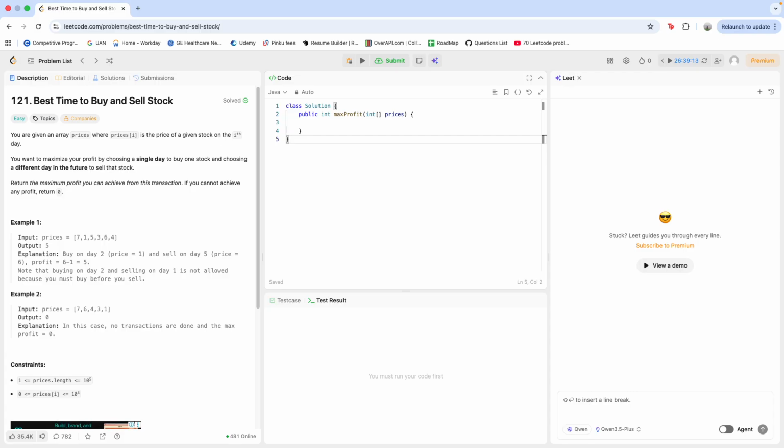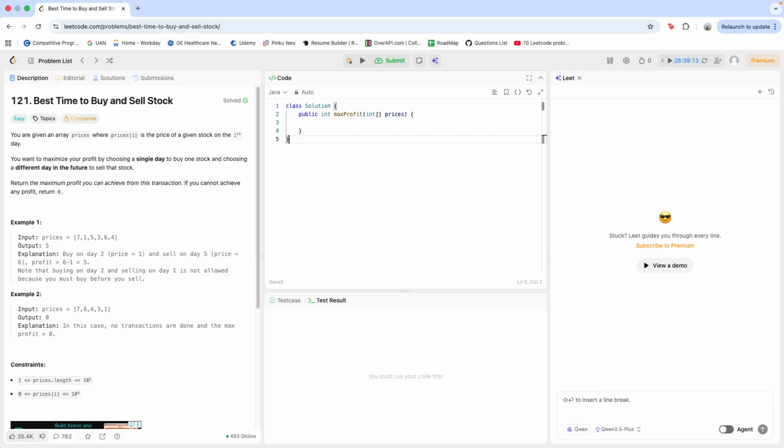So let's first think about the brute force approach. We can try every possible pair of days. For each day, assume we buy the stock, then check all the future days to see when selling gives the maximum profit. For this brute force approach, we use two loops: the outer loop has the logic of the buying day, where we buy the stock, and the inner loop is where we sell the stock.